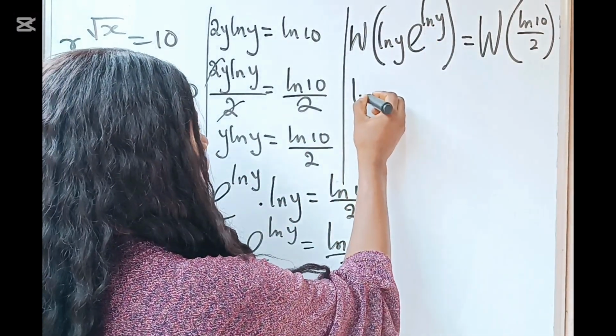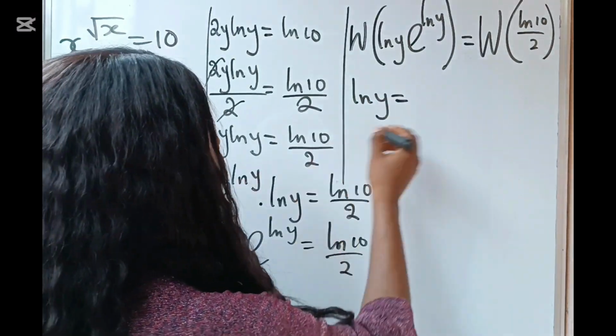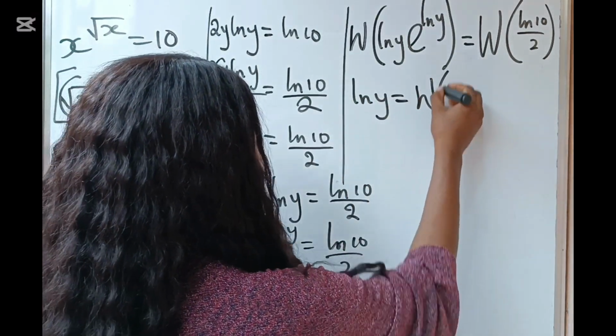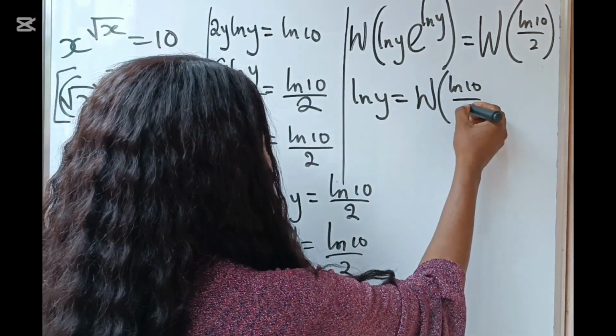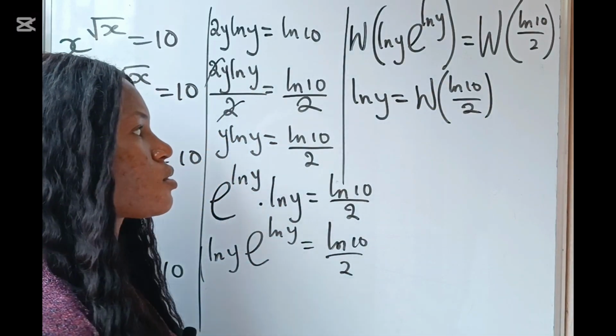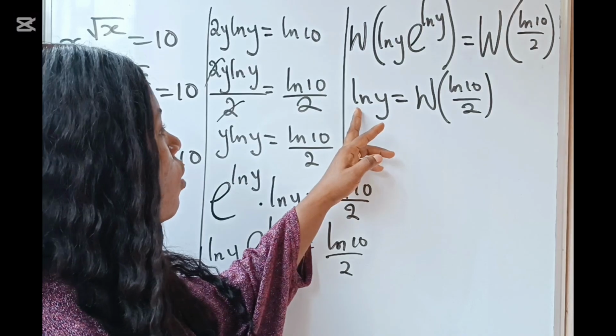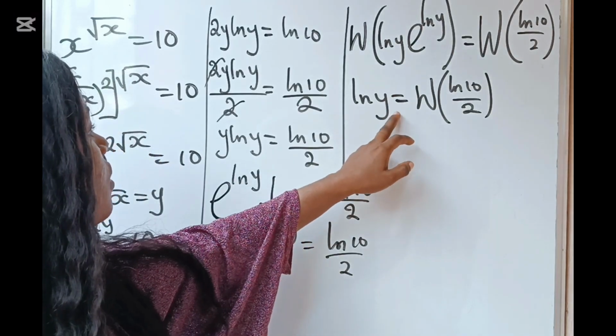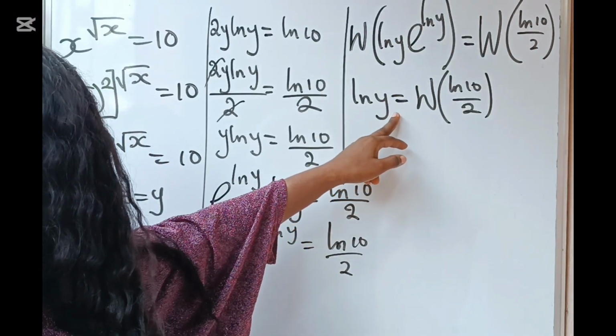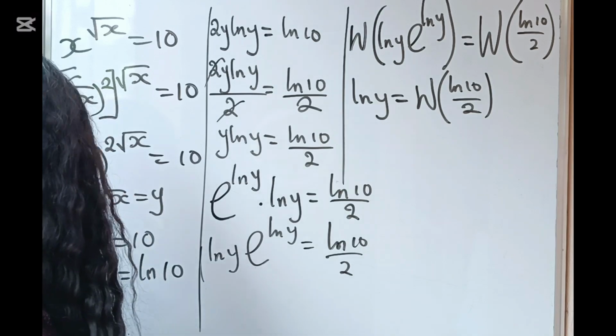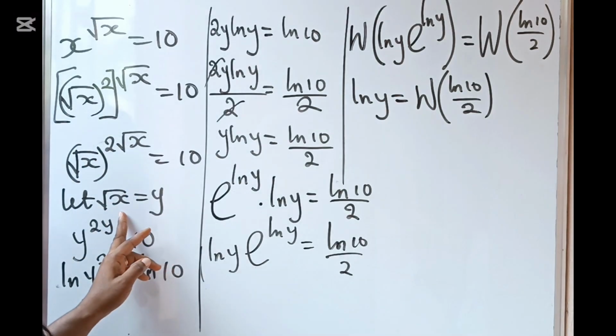So we now have ln y is equal to the Lambert W function of ln 10 divided by 2. Interesting, right? Now recall that our y is root x.